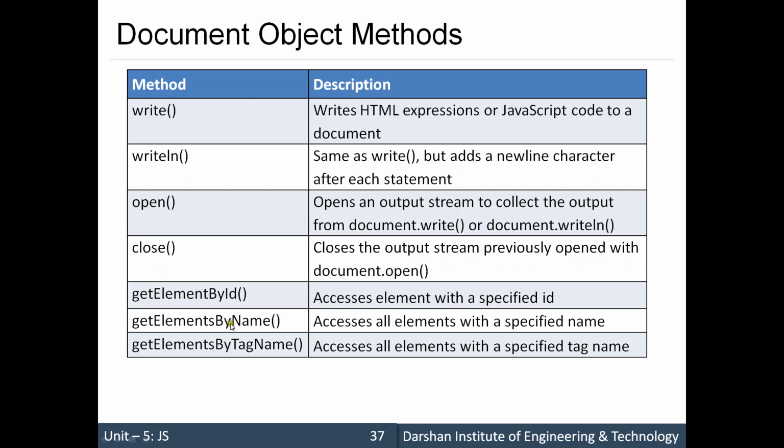But the same name can be shared by many elements, so there will be elements. And similarly many elements will have the same tag name, so getElements. Make sure you don't make a mistake here: getElementsByName, getElementsByTagName, and getElementById. So we are going to see these three methods in detail.